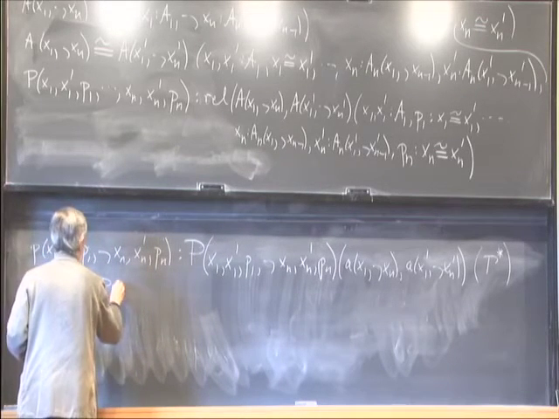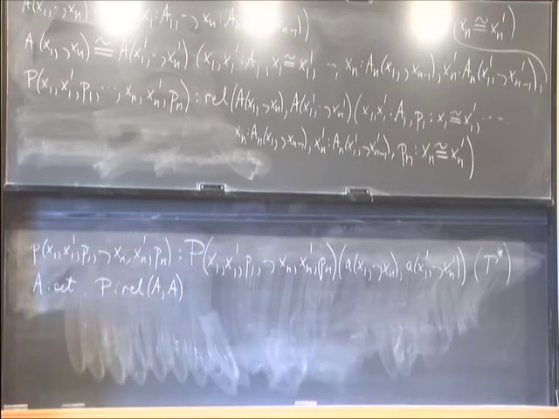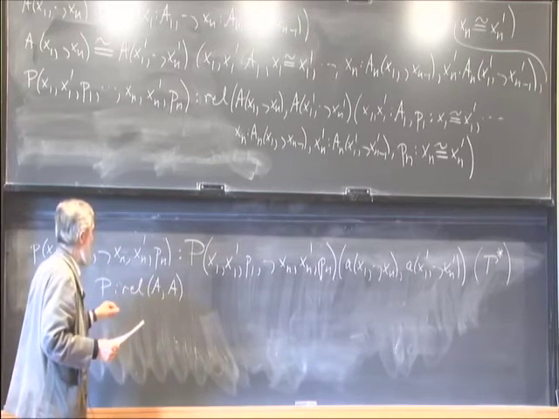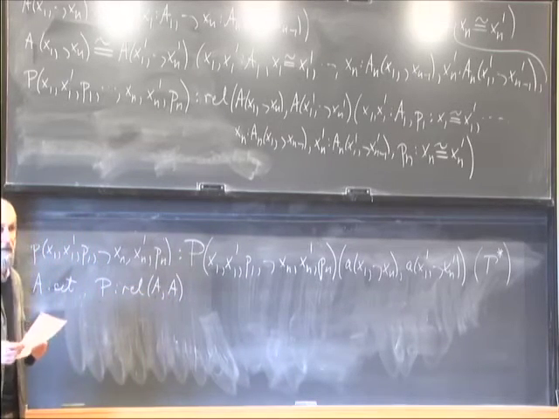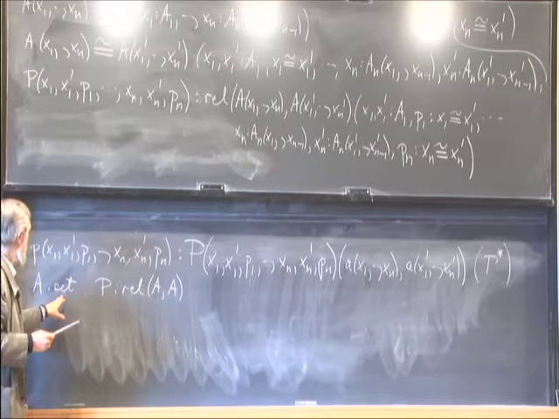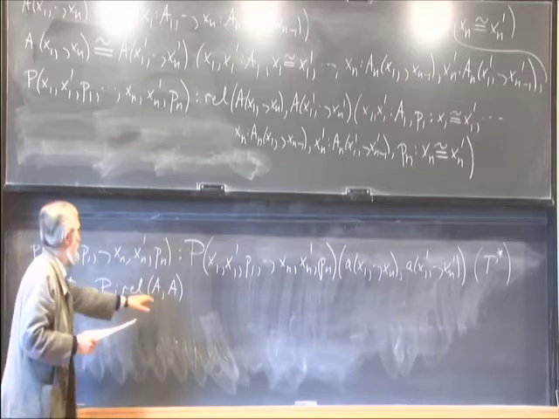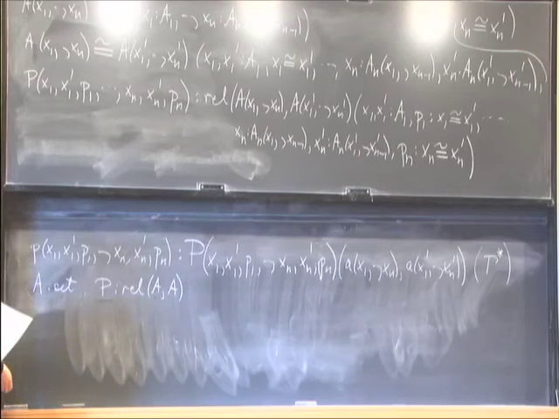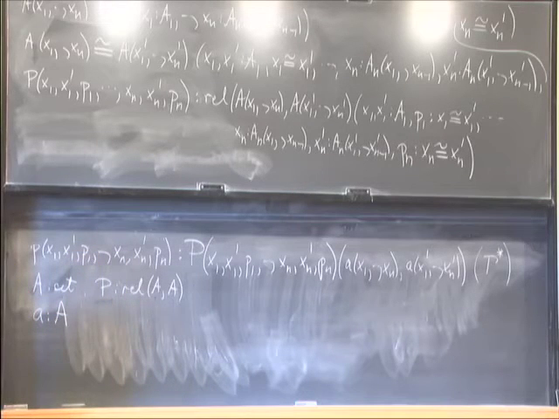So I will have a P which relates A and A. And we should interpret this as the formal expression of the idea that capital A is invariant under isomorphism. So by definition, a closed set, fixed set, is invariant under isomorphism, provided we have equipped it with an invariance relation P.